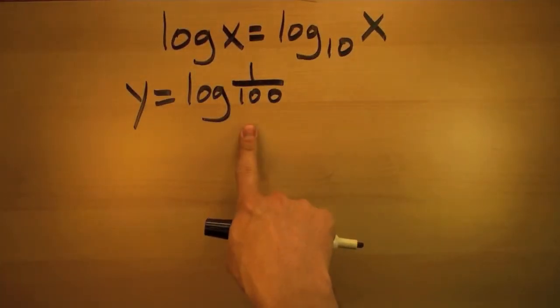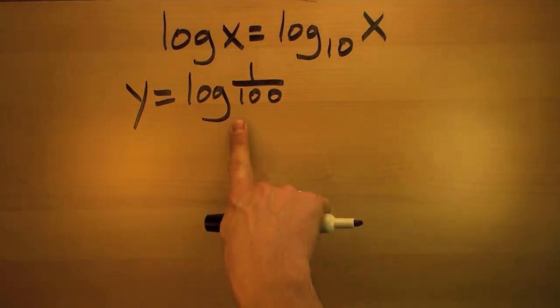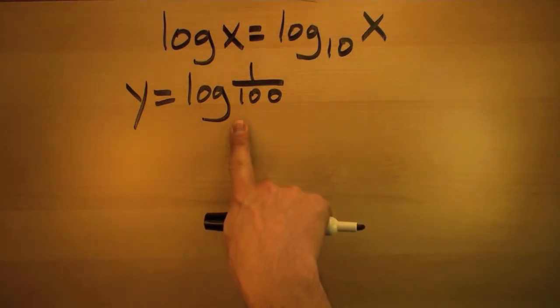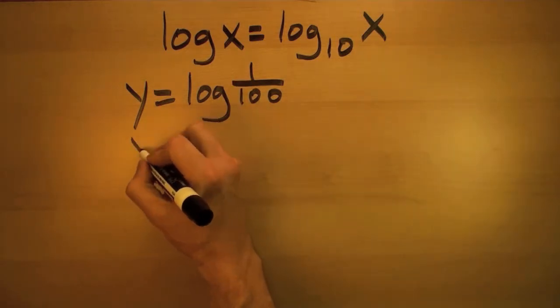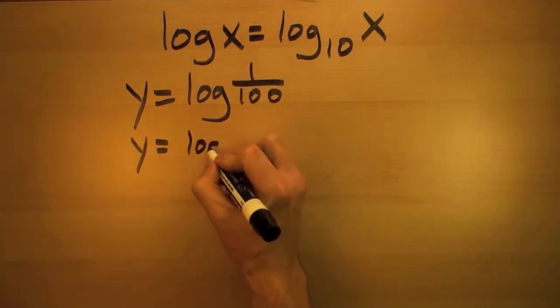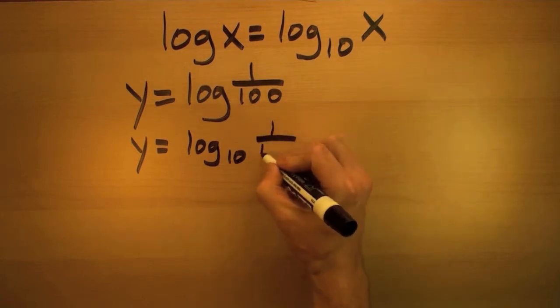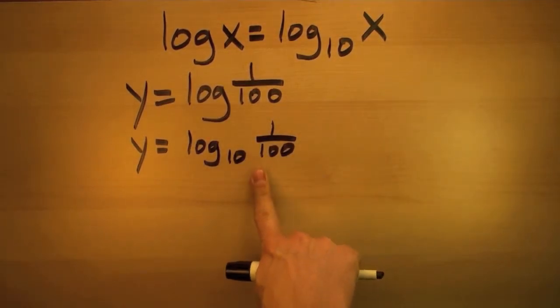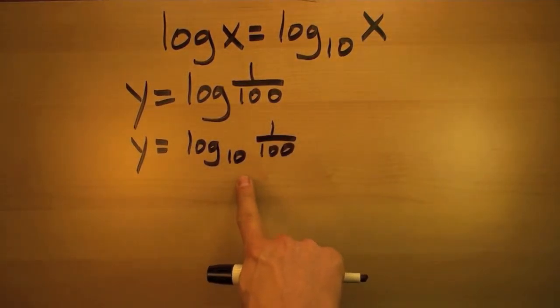Likewise, if we have y equals log of 1 over 100, this is understood to be a base 10 logarithm because there is no base indicated. So we can think of this as y equals log base 10 of 1 over 100, even though we wouldn't write it this way. We can think about that 10 being there when we look at it.